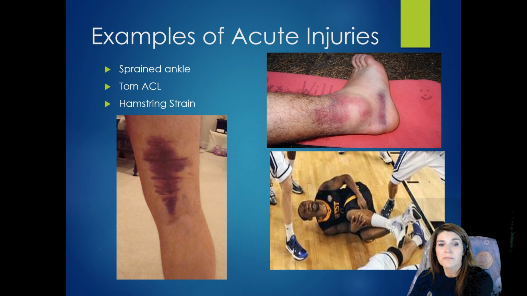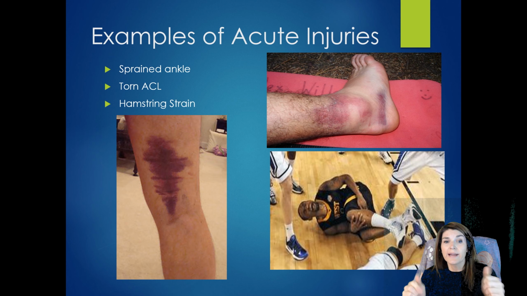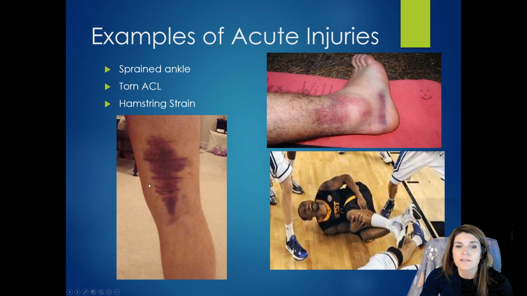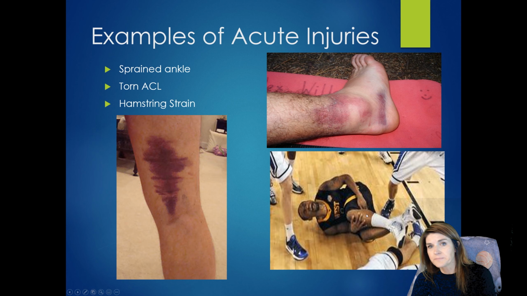If you stick that rubber band in a freezer and you try to stretch it, it's going to break. Same thing with your muscles and your soft tissue. So in this case, probably one of his hamstring muscles was compromised, and we could pinpoint an exact time. Well, it was a weekend game. I took off sprinting to first base and I heard a pop. Okay, that a lot of times is what happens.